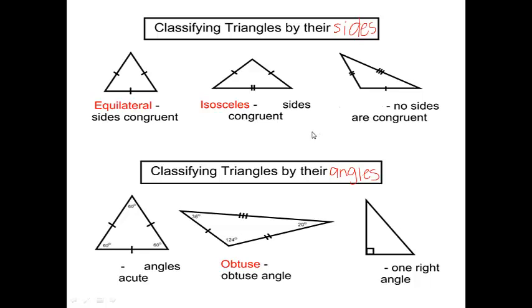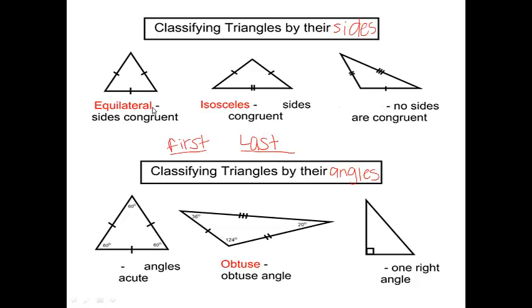In the United States, most people have 3 names: first name, middle name, last name. My first name is Lexi, my last name is Smith. When we classify triangles, they have 2 names, a first and last name. Their first name is going to be their sides. Their last name is going to be by their angles.